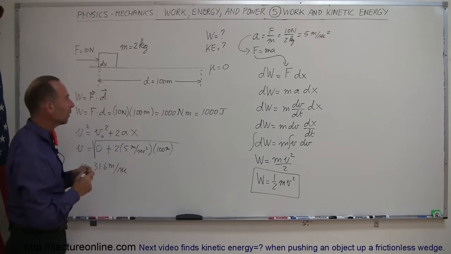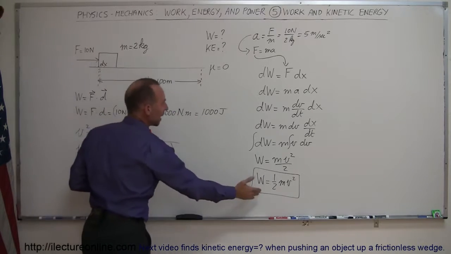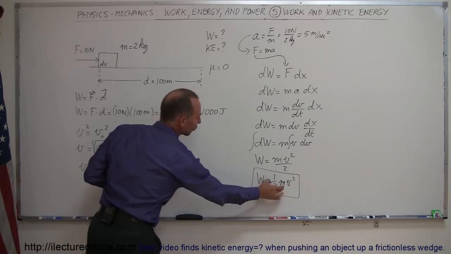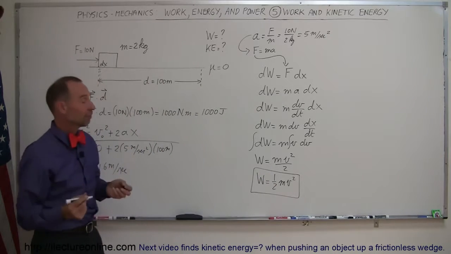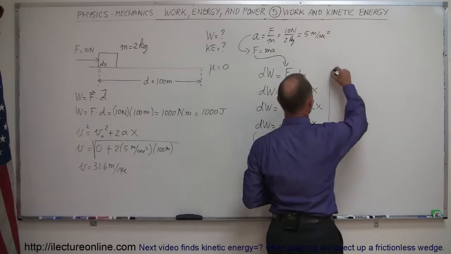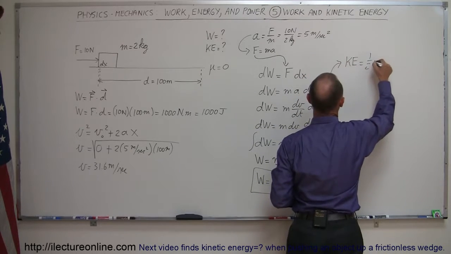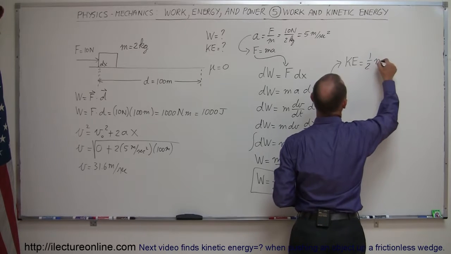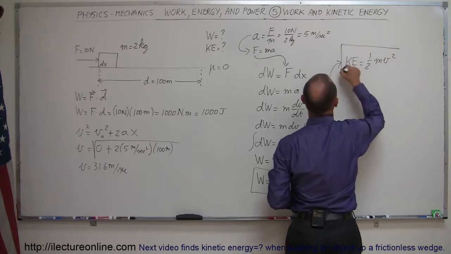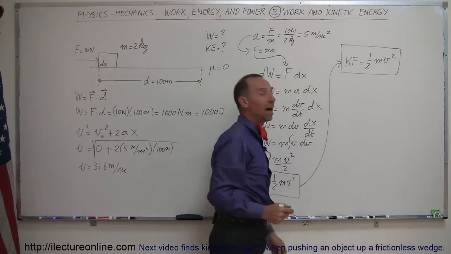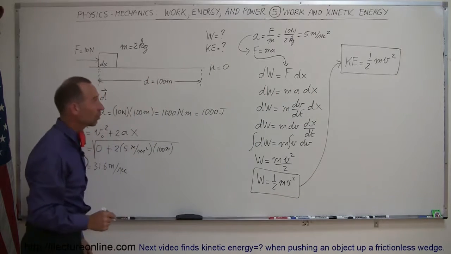In that case, it will have gained a certain amount of velocity, and that work is then turned into kinetic energy. So by definition, this work will become the kinetic energy of the object, which is equal to 1/2 mv squared. And now we have the definition of how to calculate the kinetic energy of an object.